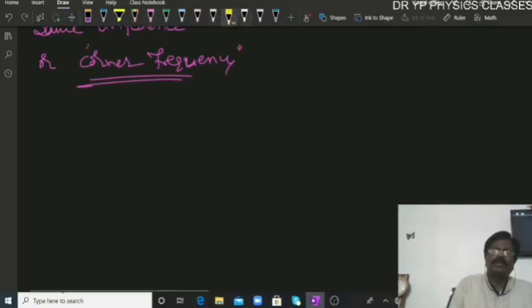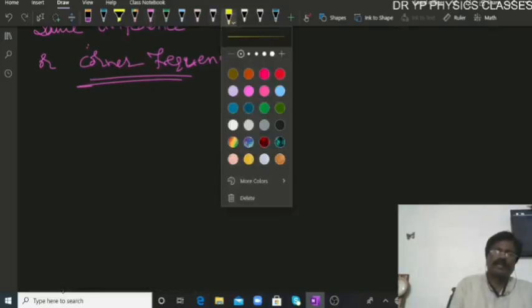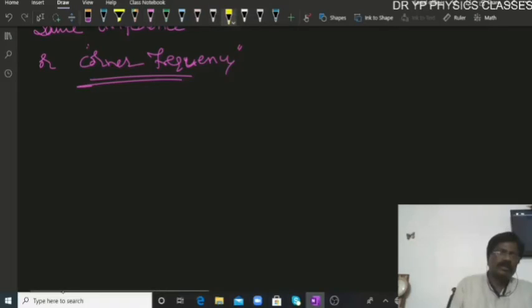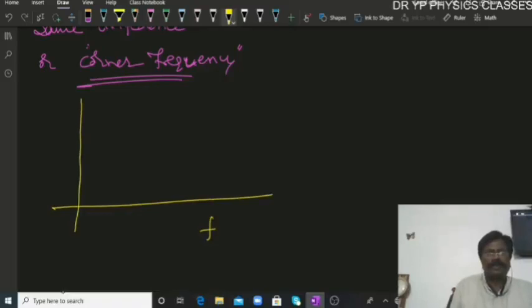So if we draw the graph of both the low pass filter and high pass filter, it looks something like this. Okay, so if I draw the graph taking frequency along the x-axis and output voltage along the y-axis here, this is going to be the graph corresponding to the low pass filter.